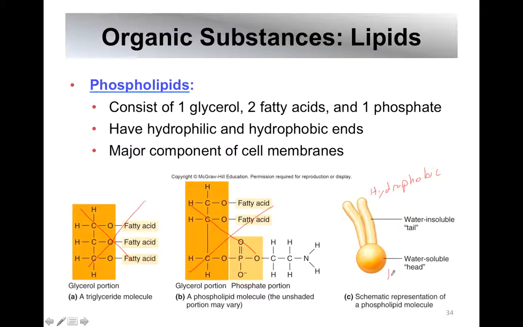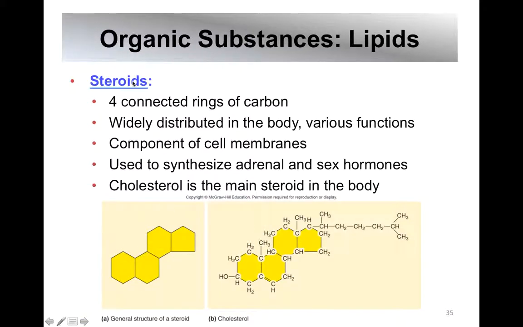And because of that, phospholipids are really good for forming our cell membranes. The heads are attracted to the inside of the cell and the outside of the cell. We'll see that more in the next chapter.